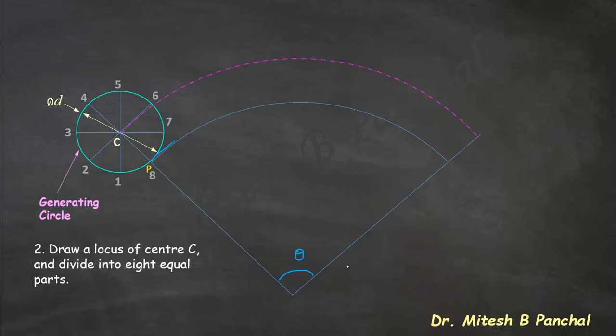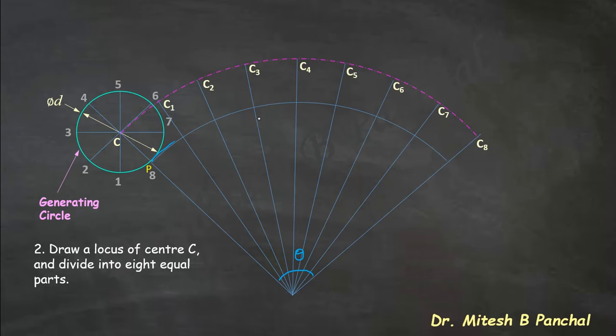So here we need to divide this angle theta into 8 equal parts. We can then obtain the different positions of the center C when the generating circle rolls along the directing circle. C1, C2, C3, C4 are the different positions of the center points when the generating circle rolls on the directing circle. Now we know the procedure is similar to the cycloid.